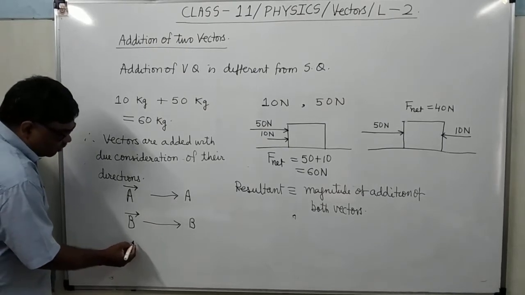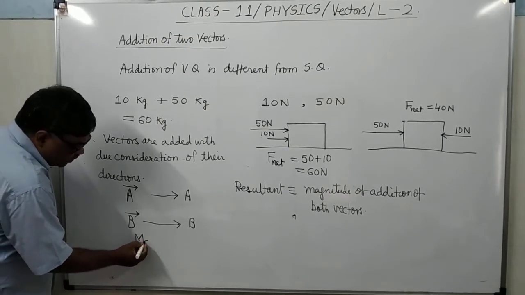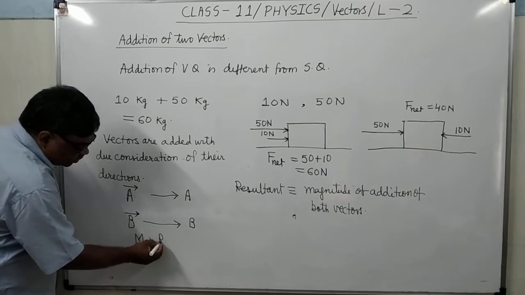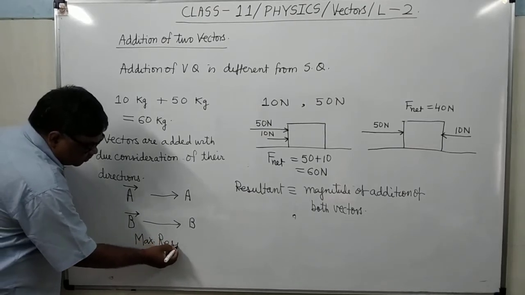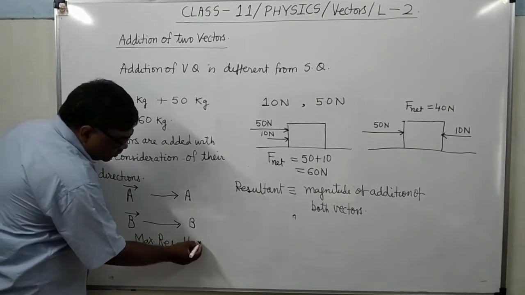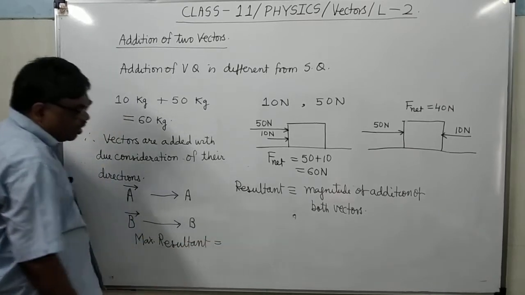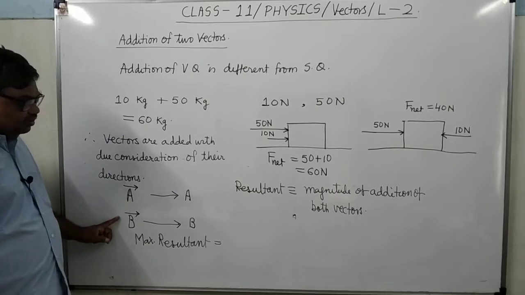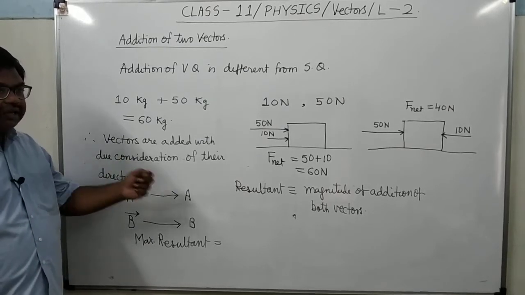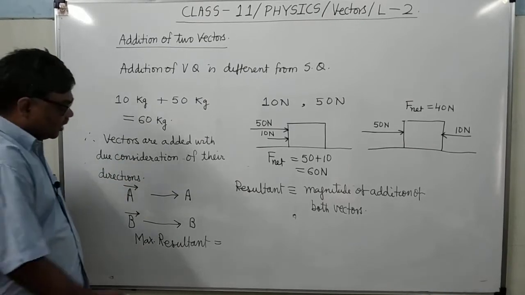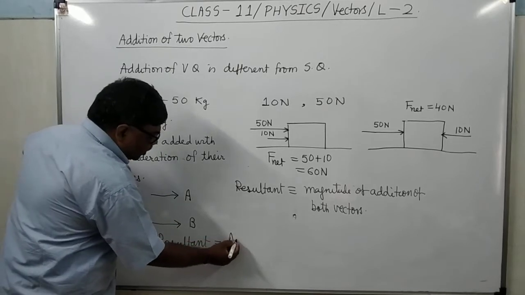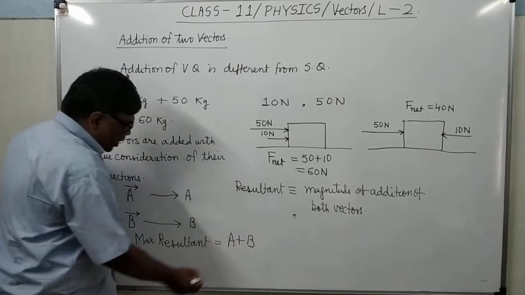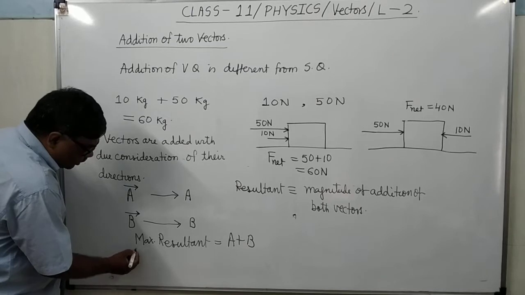Means on adding these two vectors, the maximum value of the resultant we can get will be A plus B. And what is the minimum resultant?